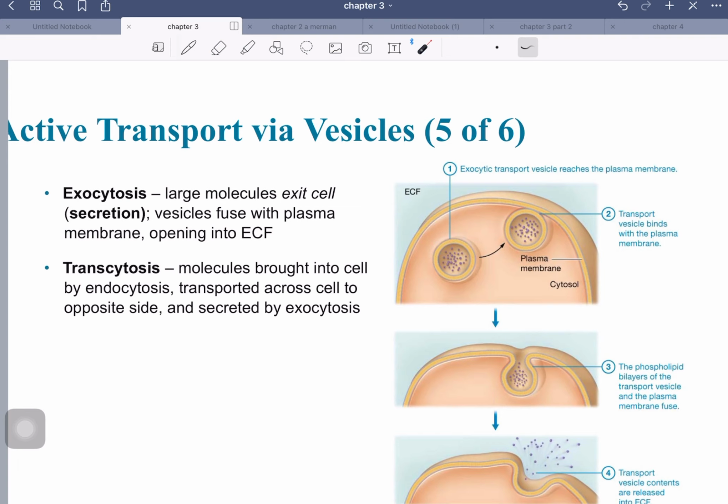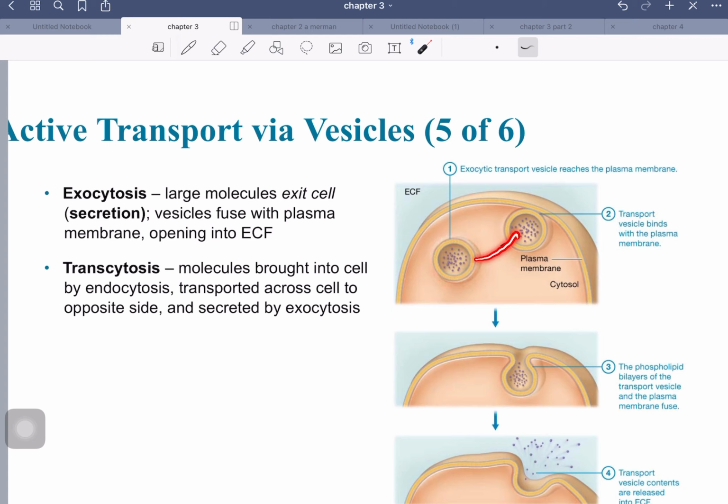Now, you're probably wondering, how about stuff leaving? Well, yes, we have exocytosis, and this is about large molecules exiting the cell. So it's a secretion. And in this case, we would have a transport vesicle, which was created inside the cell, and it has a membrane around it, very similar to a plasma membrane.